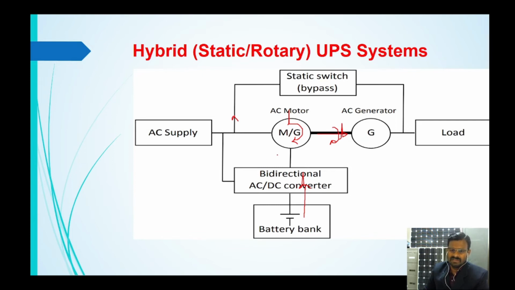We are feeding the AC motor with the inverter, and the AC motor is coupled to the AC generator, so that the generated output will have less distortion, less harmonics, and all kinds of problems. So it is a better solution, and the weight and space requirement are also a little bit reduced, because we are eliminating one DC motor generator set.